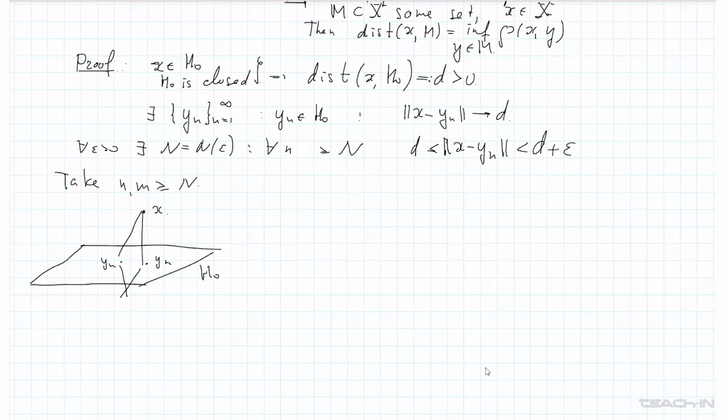So by the parallelogram identity, we can write. One diagonal is this diagonal. Another diagonal. Sorry, what is the fourth point? You've just drawn three points. What is the fourth point?